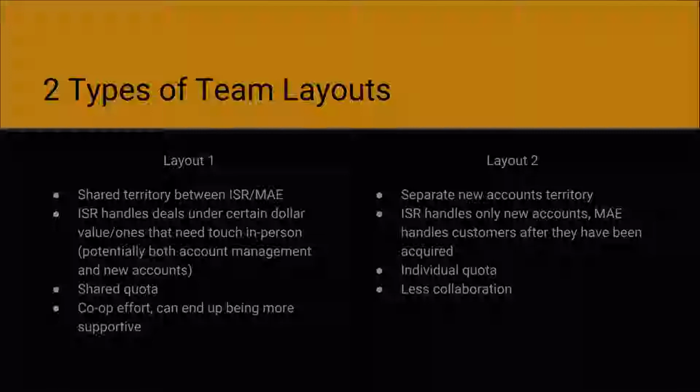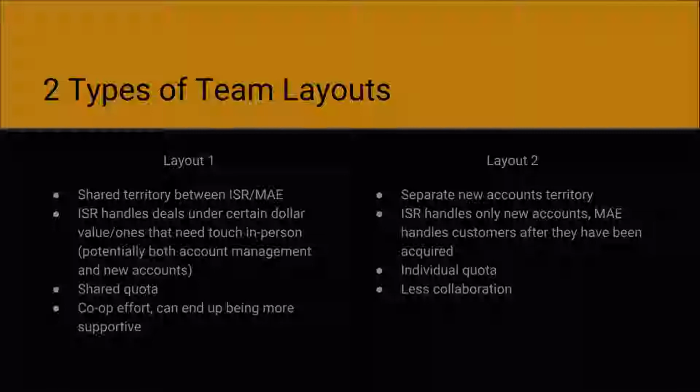Those deals would be under the inside sales representative, and anything larger might be something that you work on, but it might end up going to the major account executive that would have to meet with that opportunity team in person, so they can handle those deals on an outside level.